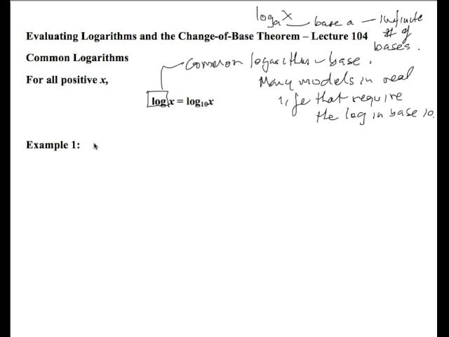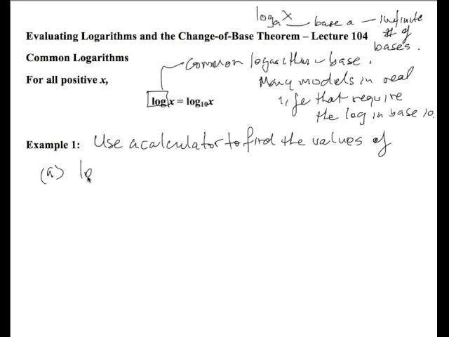So let's look at our first example. Let's suppose we want to use a calculator to find the values, and we'll do a few of them. Part A, let's do the log in base 10 of 10,000.